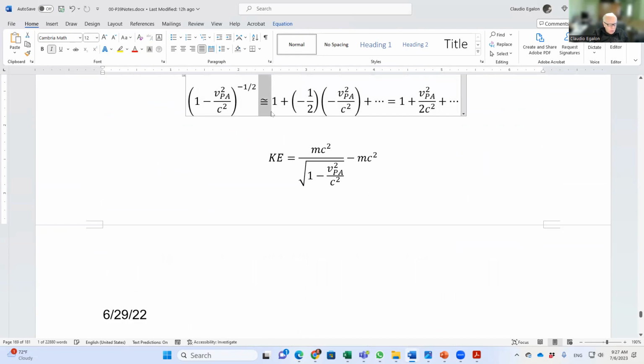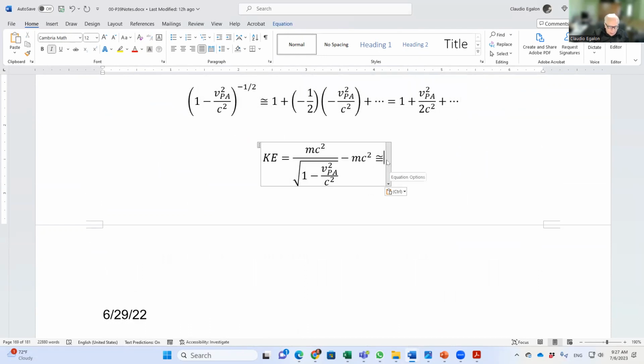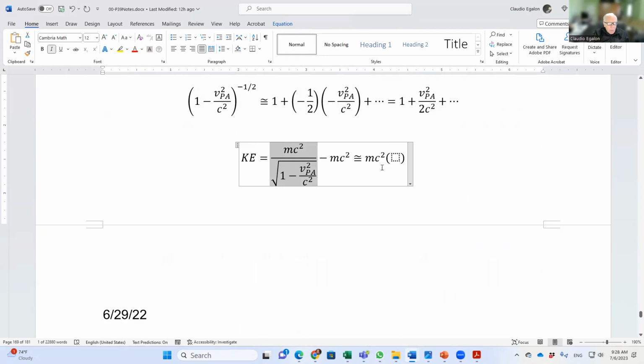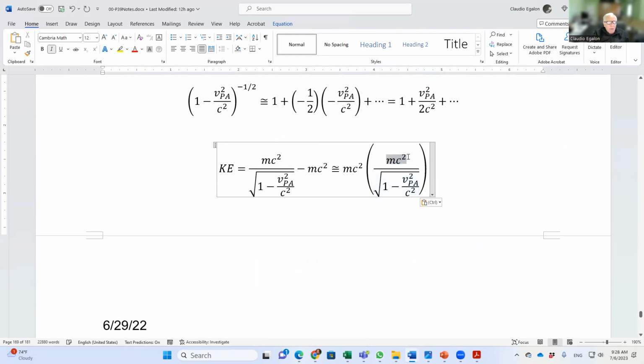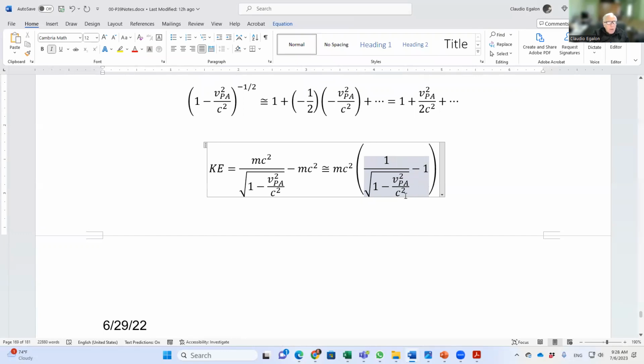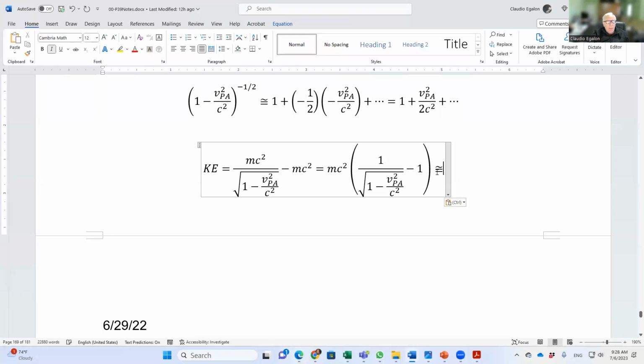Now I'm going to use this term. I'm going to put mc squared in evidence. I'm going to make an equality first. And then we have the -1. That's going to be an equality for now. Now I'm going to deal with the approximation.